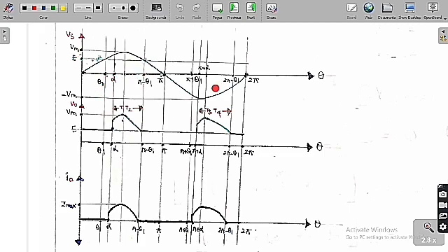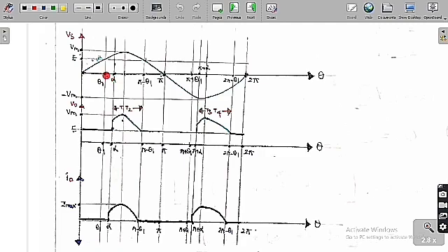I am going to assume the value of E is always less than the peak value of the source, so E is less than Vm. This is the E value if you draw the line. We can trigger the thyristors only when the source voltage is greater than E, because only then will there be a positive voltage across the thyristors. Theta 1 is equal to sine inverse of E by Vm.